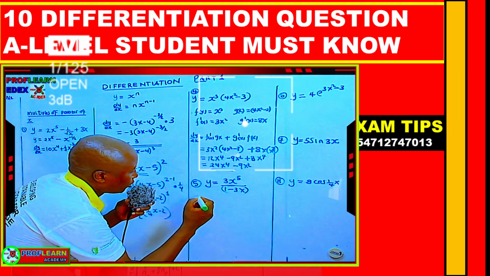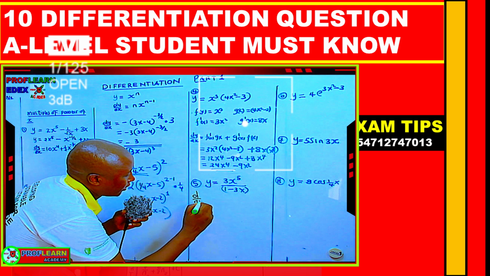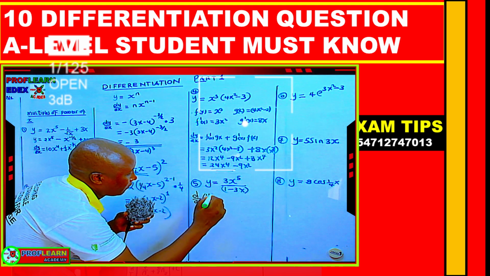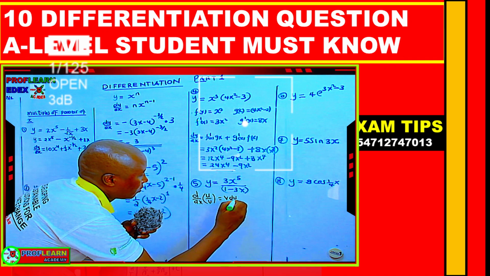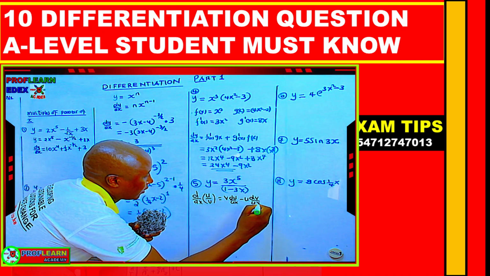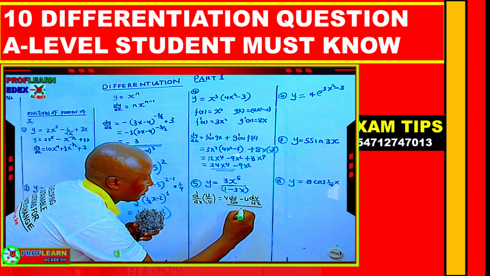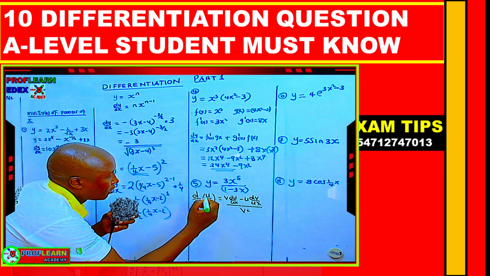This question here, we're going to use the quotient rule, where d/dx of u over v equals v du/dx minus u dv/dx, all over v squared. So you can identify your u and your v.